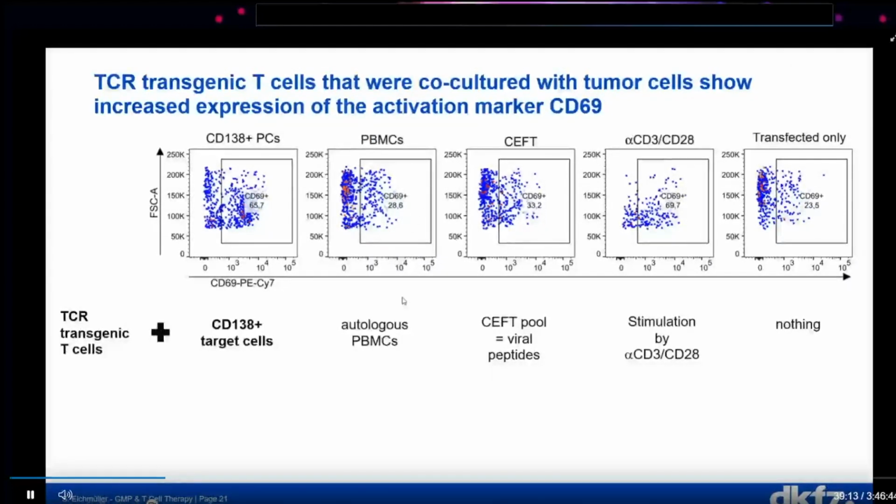So this is background. If we use the viral peptides of the KEFT pool, we see close to background. If we do unspecific stimulation by anti-CD3, CD28, we have again around 70% reactive T cells, notably similar range like with the specific target cells, and transfected only, so no T cells here, no target cells, or nothing here.